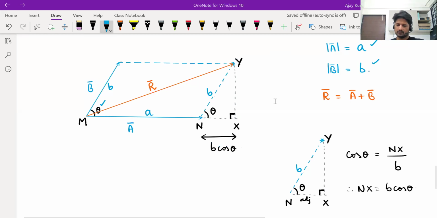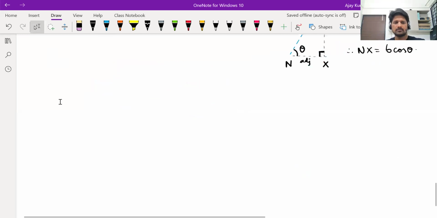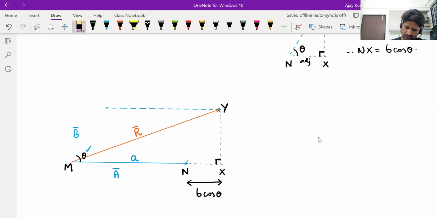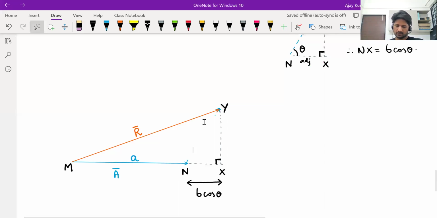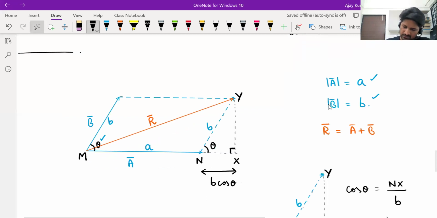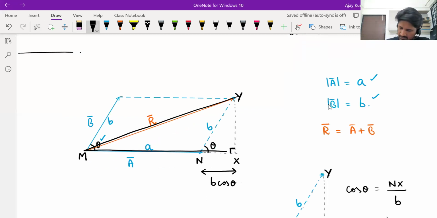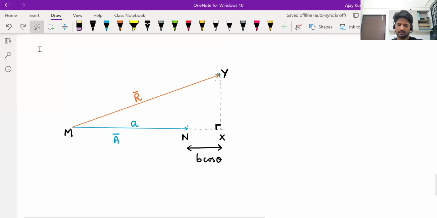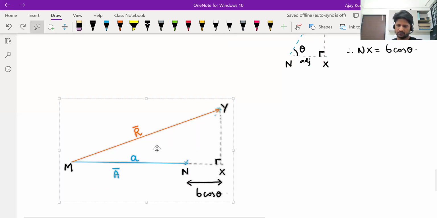Fine. Now consider this big right angle triangle, M, X, Y. In this diagram, we are considering this right angle triangle. I've taken it separately here. In a right angle triangle, we can apply Pythagoras theorem to relate the sides.